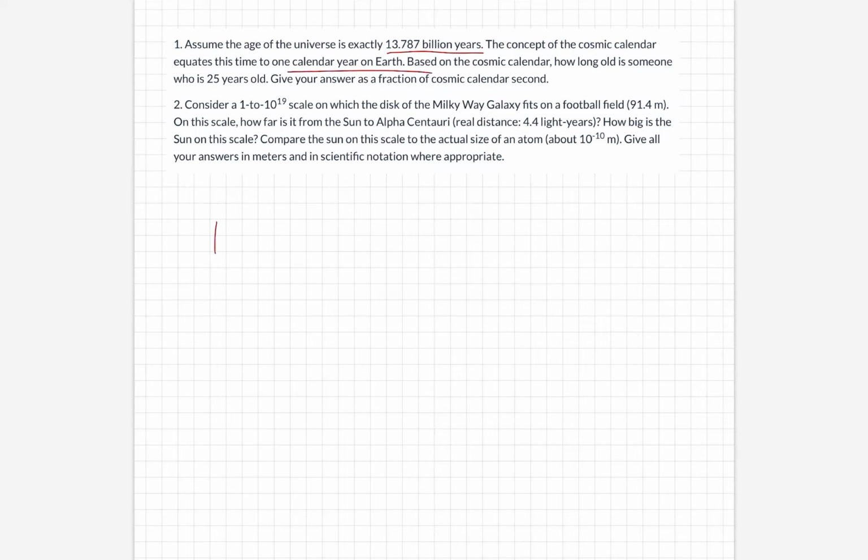So the idea is we say 13.787, and then you want to convert that billion to scientific notation, so it'll be times 10 to the 9, because the billion has 9 zeros, is equivalent to, and let's put the years on that, and we call this EY for Earth years, and that's going to be equivalent to one cosmic year. Okay, so that sets up a conversion.